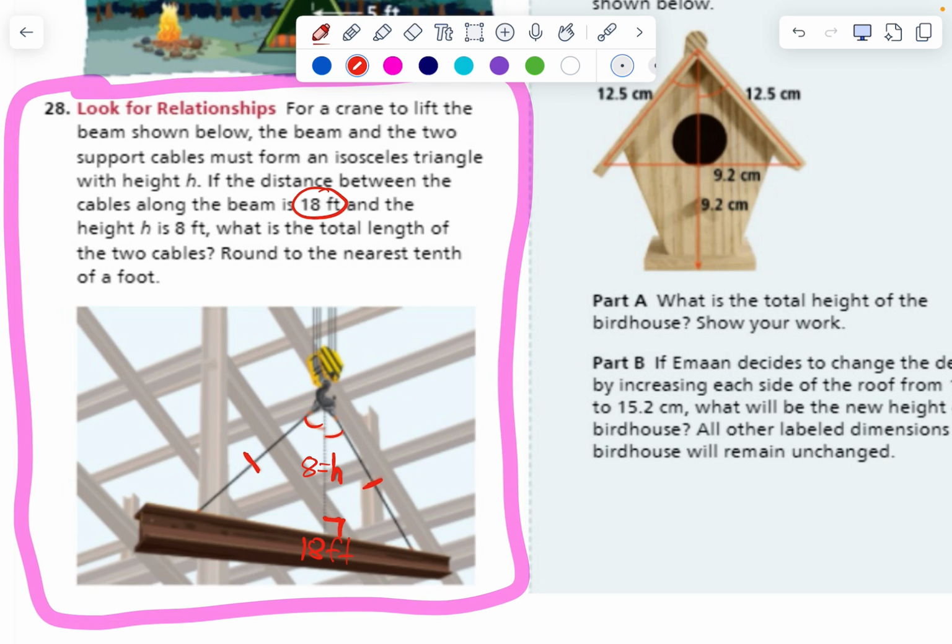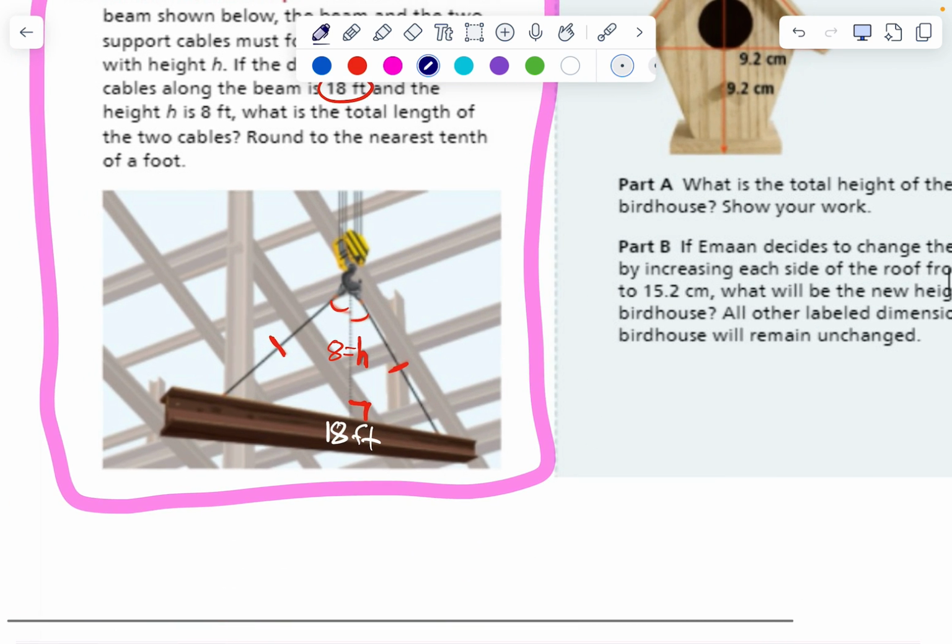So height there is 8. And I guess you can't see the 18. Let me fix that. That's better. Okay, well, how do we find that? I would tell you to look specifically at one triangle, one half of the isosceles triangle. What kind of triangle is that?